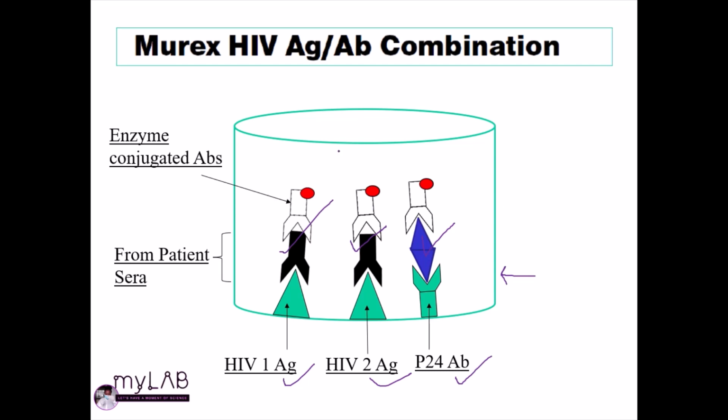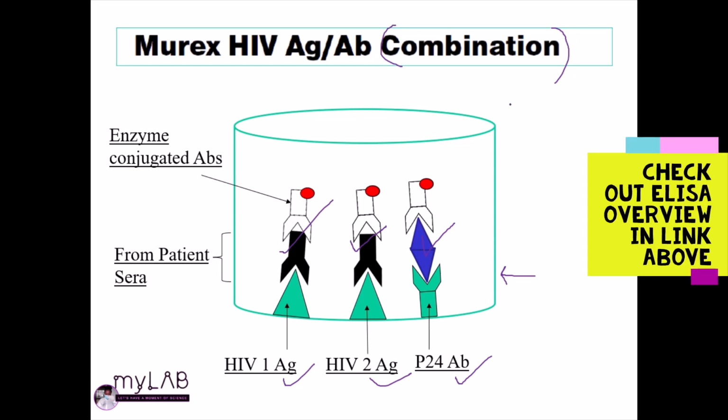So in this situation, it is a combined ELISA technique, and we have already looked at the different types of ELISA. I will place a card again up here for you to refer. We talked about four main types of ELISA: direct, indirect, sandwich, and competitive.